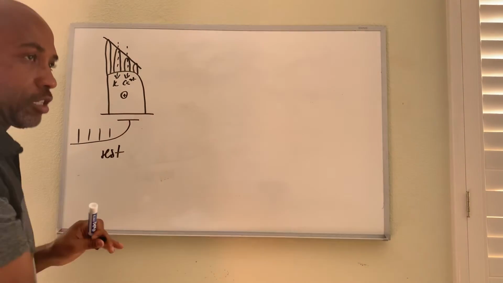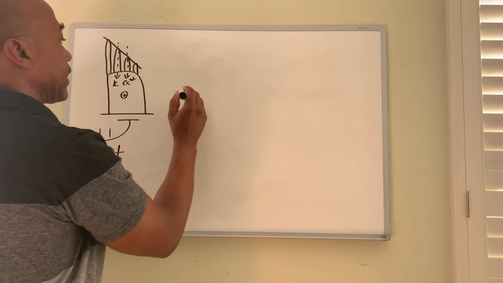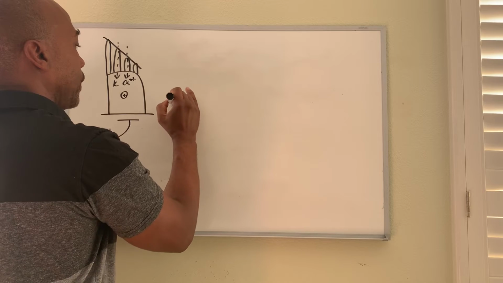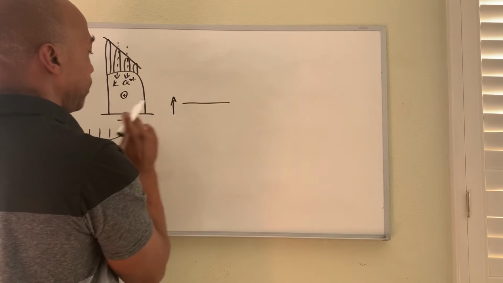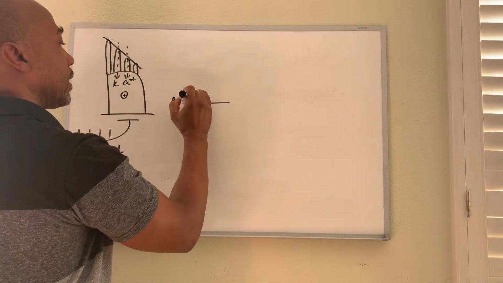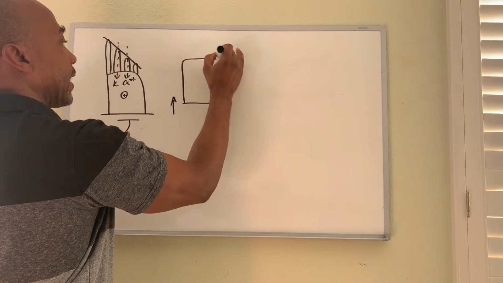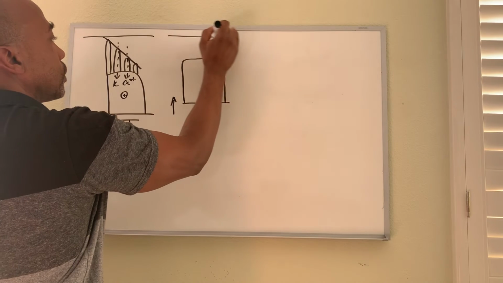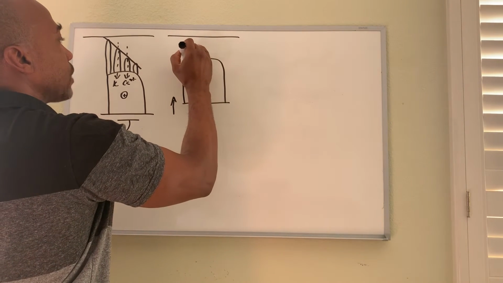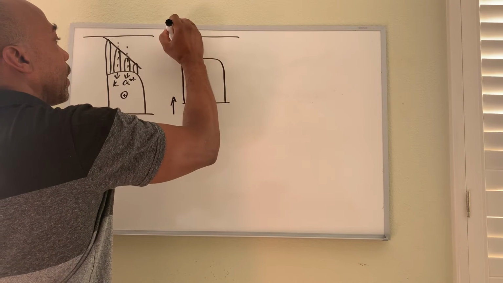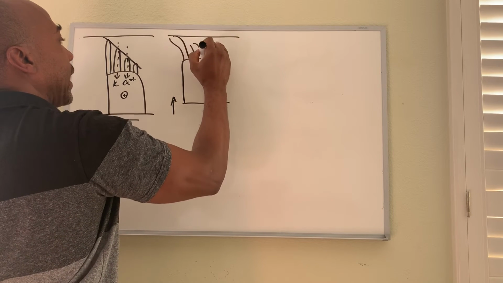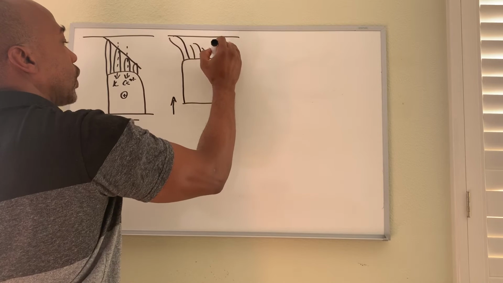Now when you vibrate up and down, sometimes these cells will go up. The basilar membrane goes up, the tectorial membrane is still here, and so the cells bend this way, because they're being pulled.